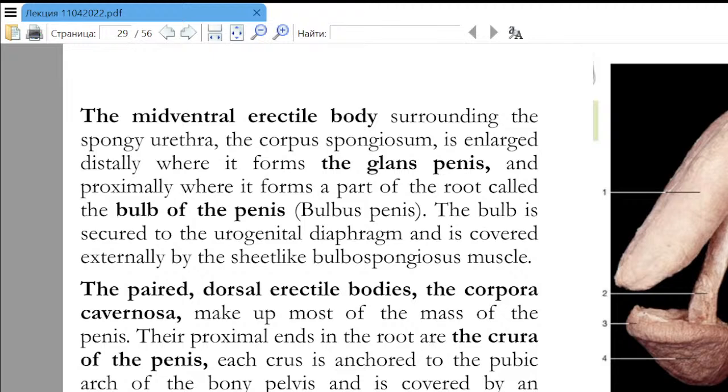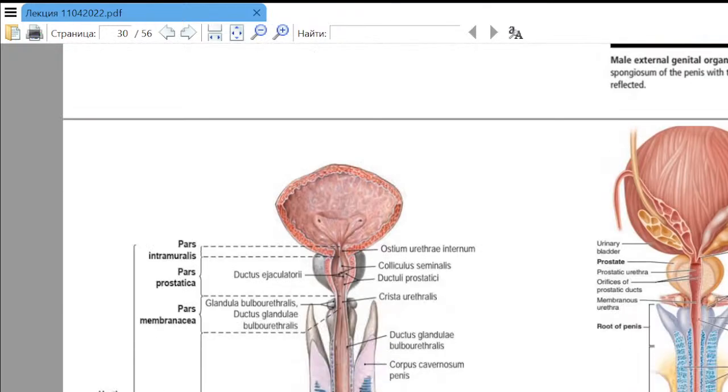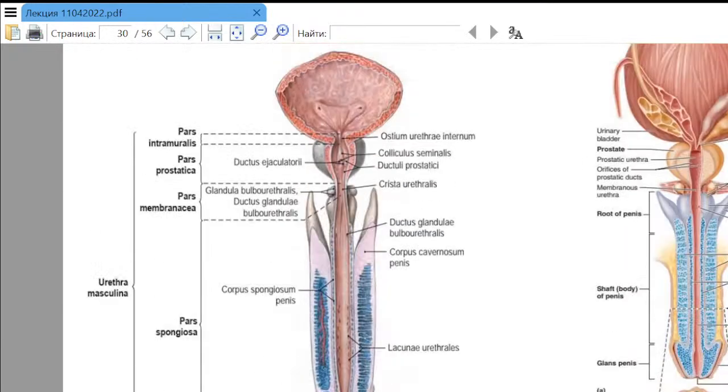Glans penis. Now you see the parts of the penis. This is the prostate, membranous part of the urethra.